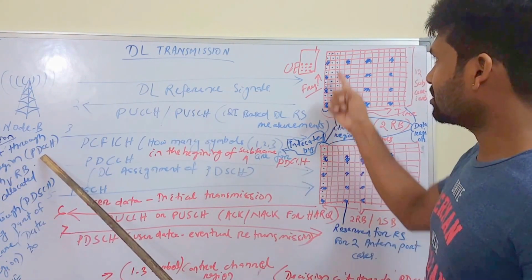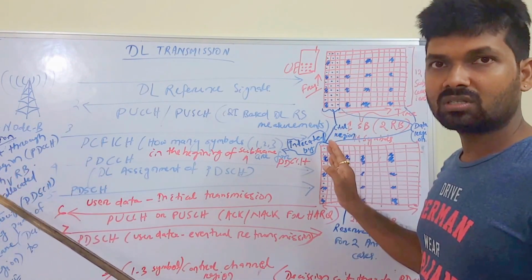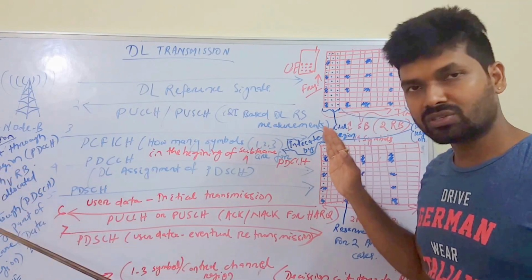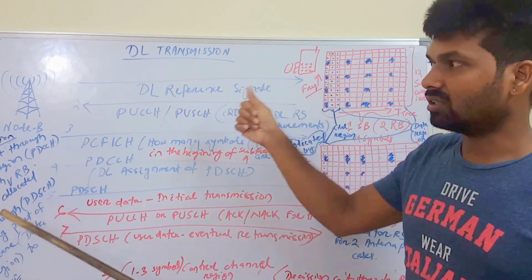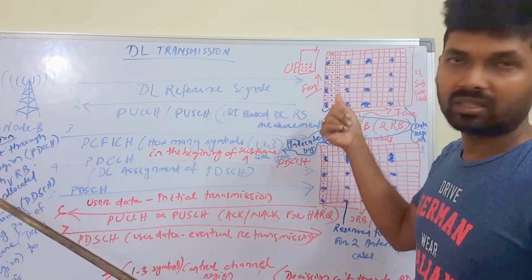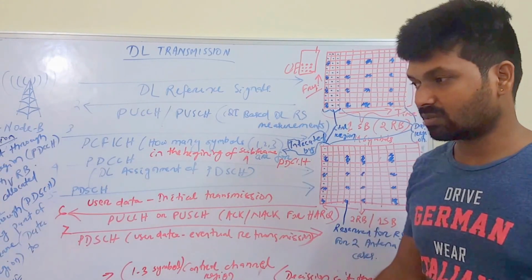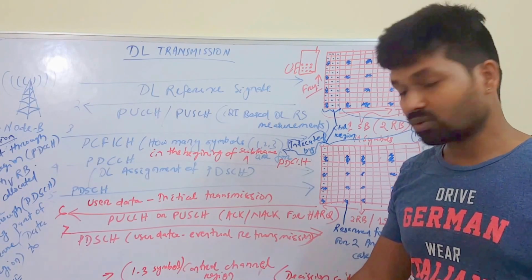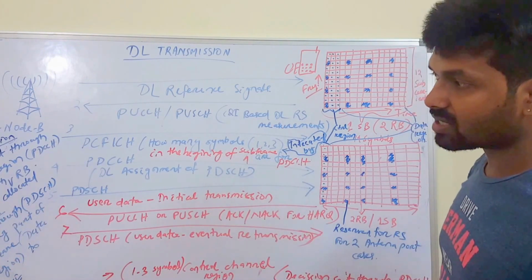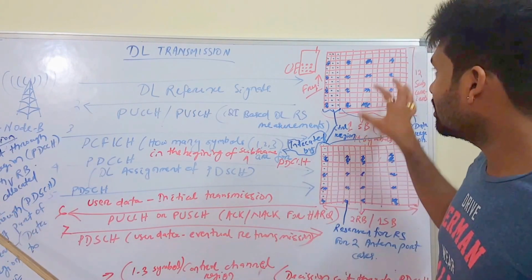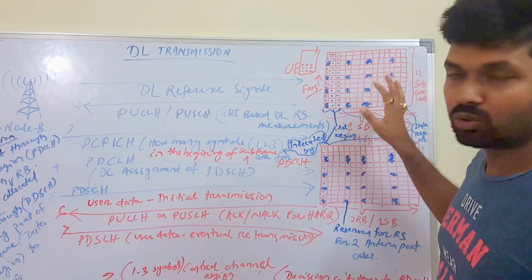These dotted lines are control symbols, or we can use them as a control region. We can transmit the PDCCH in these dotted lines. Here the eNode B sends the decision made for the UEs, like what is the MCS, what is the MIMO setting, what are the resource blocks, time and frequency domain allocated, and the actual data is sent through PDSCH, the rest of the data region, the remaining part of the subframe, to the UE.